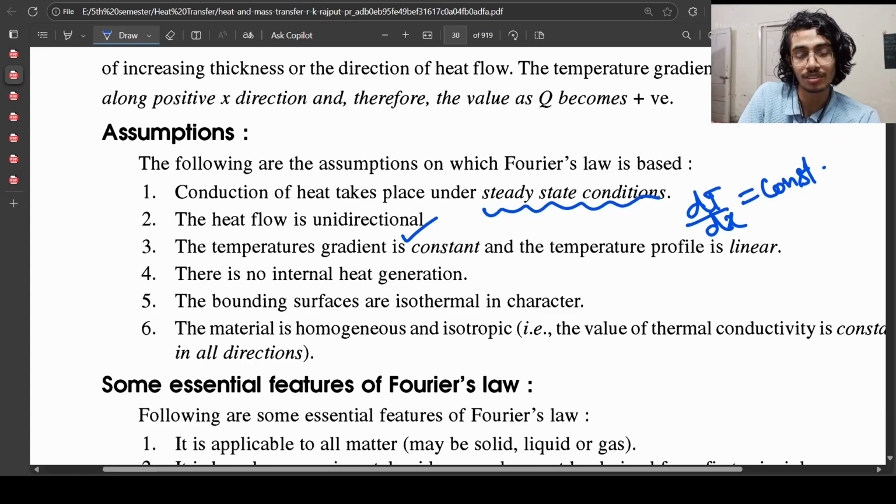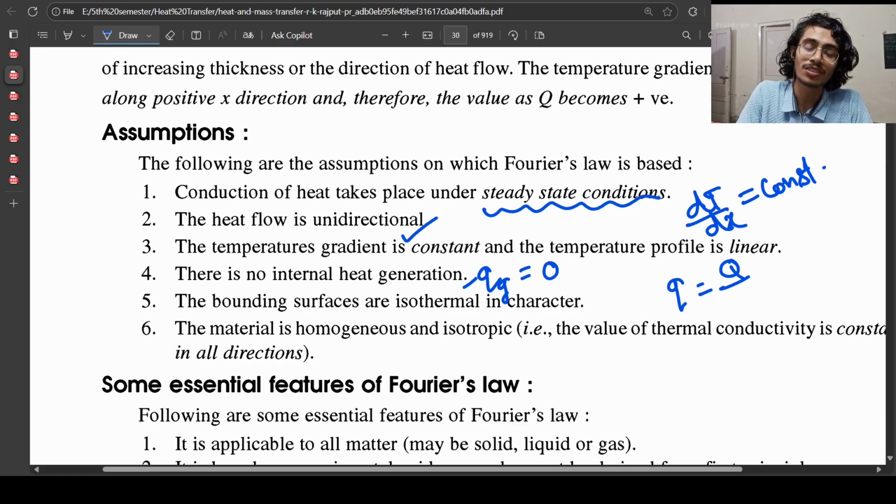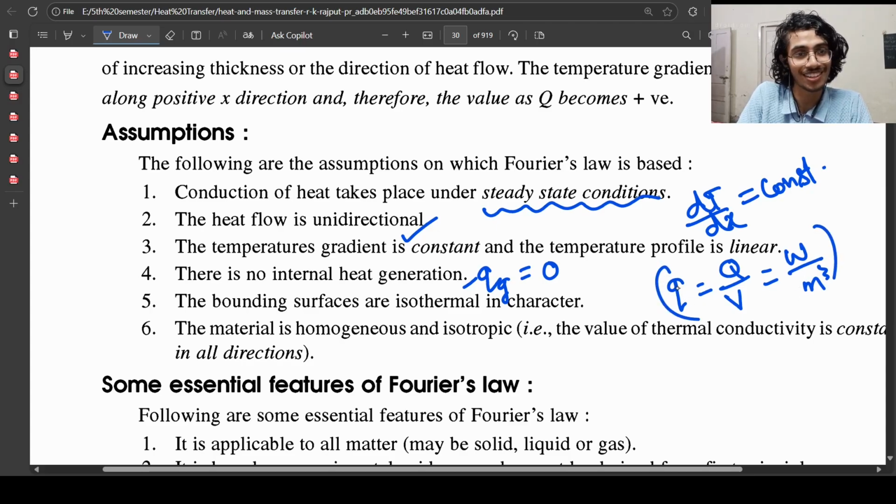For now we can just understand that internal heat generation is not there. That means Qg, heat generation, is 0. This Q is equal to capital Q over volume, or it can be watt per meter cube. From here you can very easily understand the definition, right?